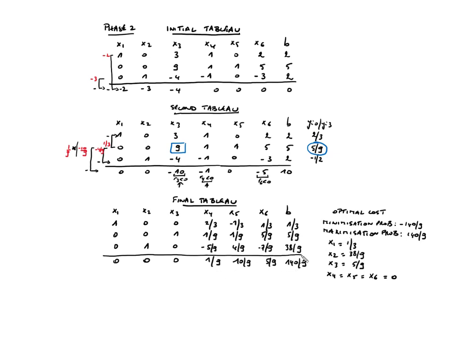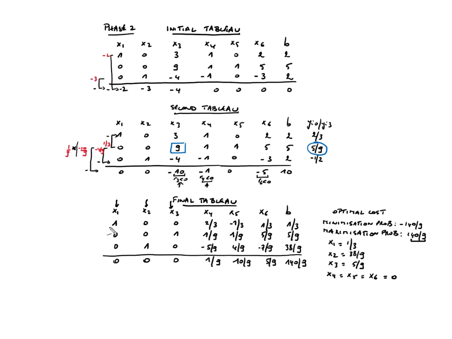So we can have a look at the optimal cost. If we look at the minimization problem, this is the standard problem. We'll have to take this one with a minus sign, but you know that the original problem was a maximization problem, so the associated cost is 140/9. You can see here that the three first variables, which are really operational variables, are the basic variables.